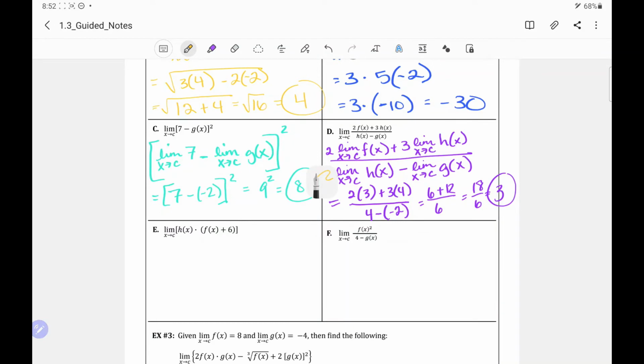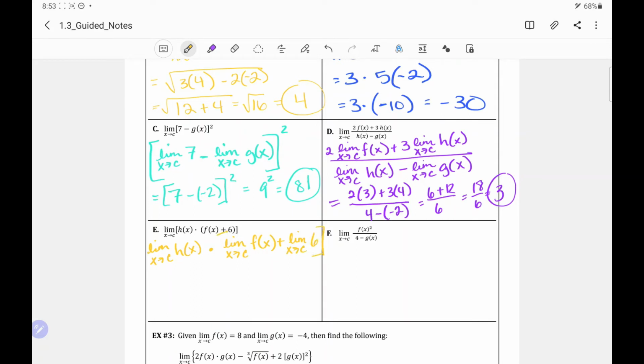The limit as x goes to c of h of x times the sum of f of x and 6. So here we're going to have to separate these out again. So I've got the limit as x goes to c of h of x times the sum. So I'm going to do the sum as the limit as x goes to c of f of x plus the limit as x goes to c of 6.